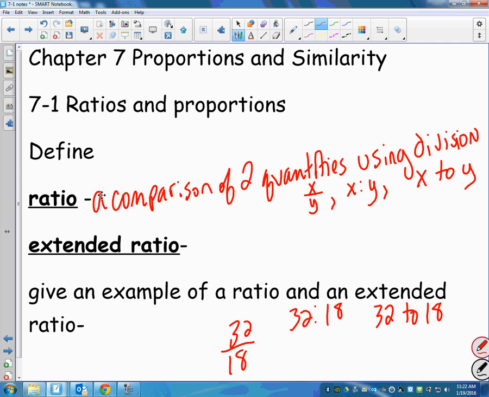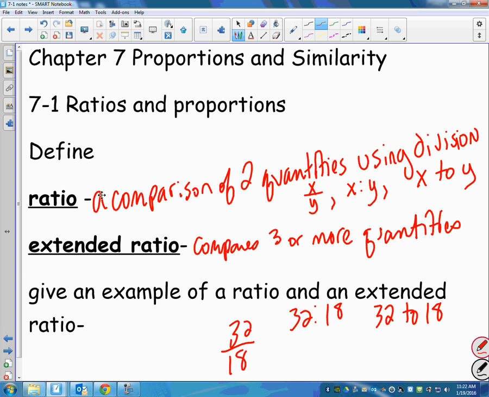So, who can tell me what an extended ratio is? Did you get that far? Garrett? So a ratio compares two quantities. An extended ratio compares three or more quantities.